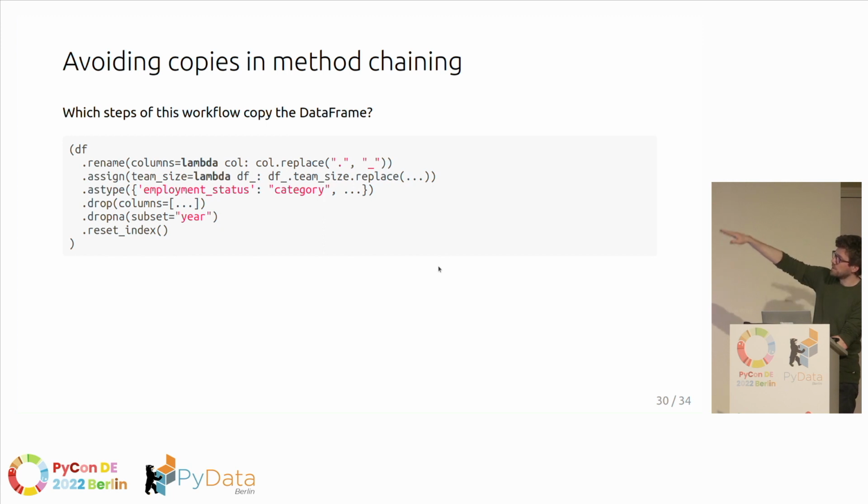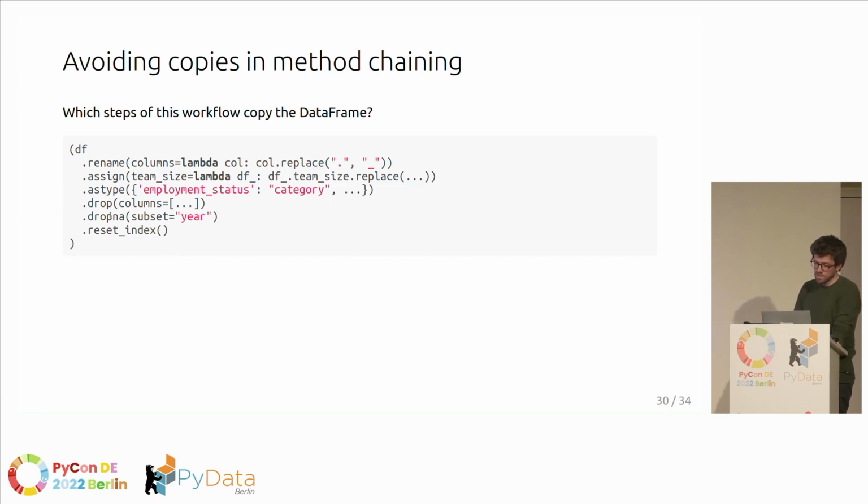Only when you actually try to modify one of the resulting data frames, at that moment we can make the copy. In this method chaining, we are constantly returning a new data frame, so in all those steps we are never mutating the actual data, at least for many columns. With assign and astype we are changing data for certain columns, but all the other columns never need to be copied in all those different steps.